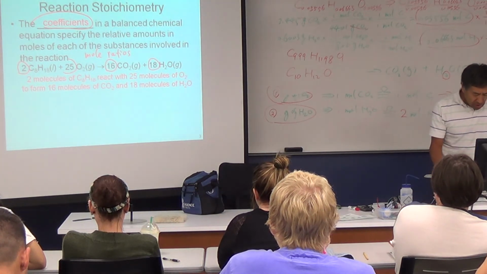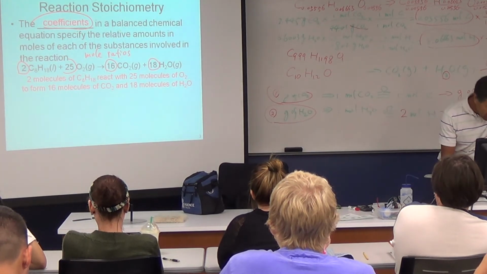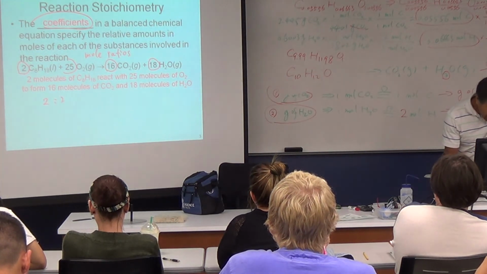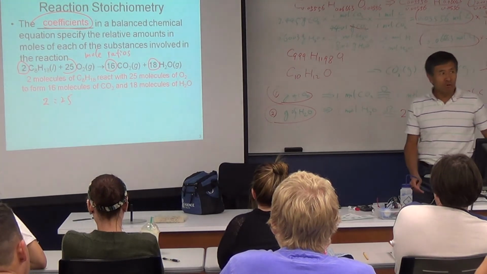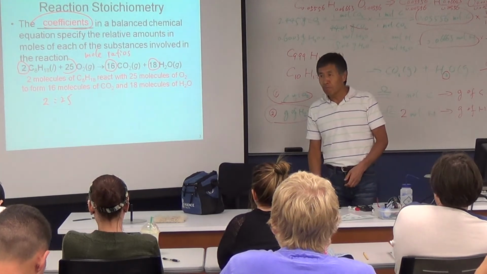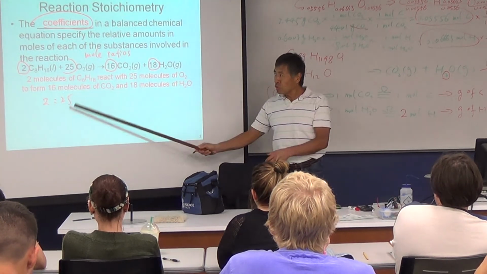So you have quite a few numbers. The ratio might be between 2 and 25. If I want the relationship between octane and O2, I will choose these two numbers.